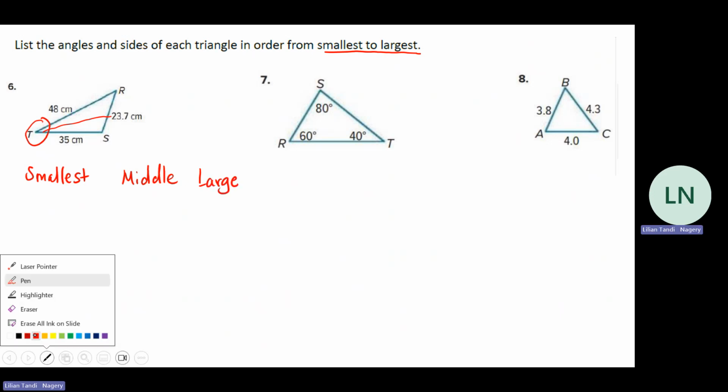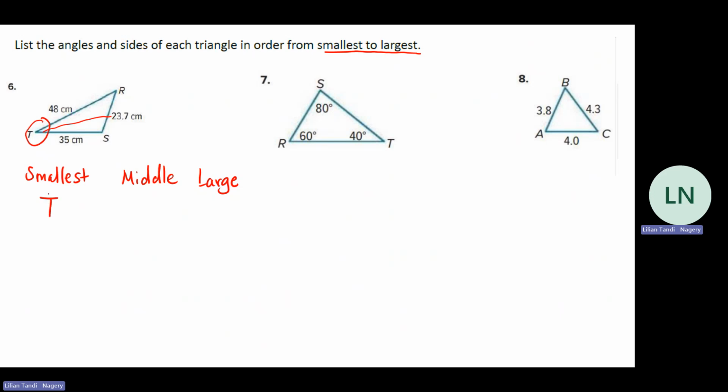Okay. So according to my work, RS is the small side and it is opposite T. So angle T is there. Remember, we are arranging angles first. Arrange the angles and then you can arrange the sides also. After that, we go to 35. 35 is opposite angle R. Okay.